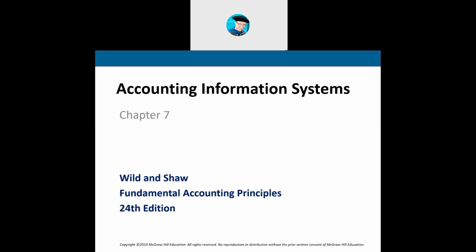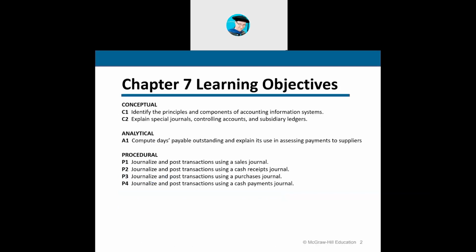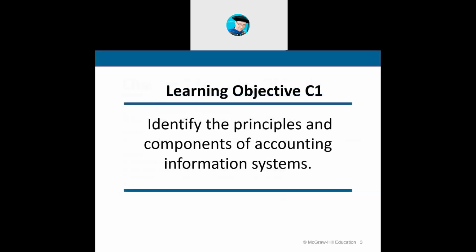It could be a physical system, a virtual system, or a concept. Those are all systems. Accounting information systems is how we organize accounting information in a logical way, and in modern day we do that through software.